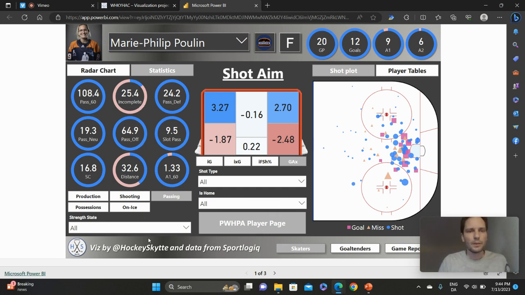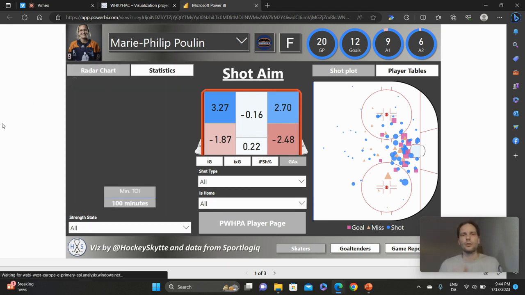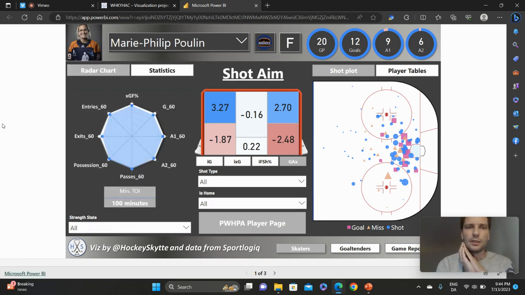Okay, so the final thing I just want to talk about in the skater visualization is the radar chart. So I've selected 8 categories that I find interesting, that kind of summarize the quality of the player.